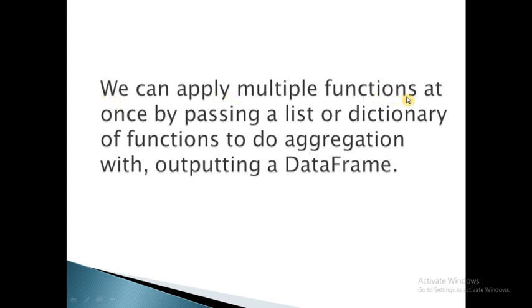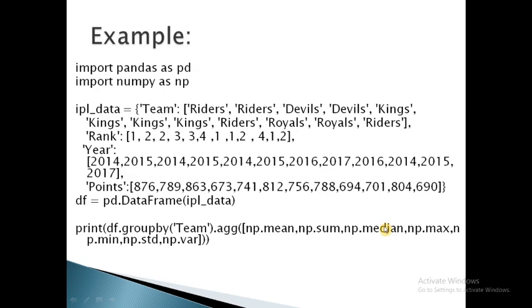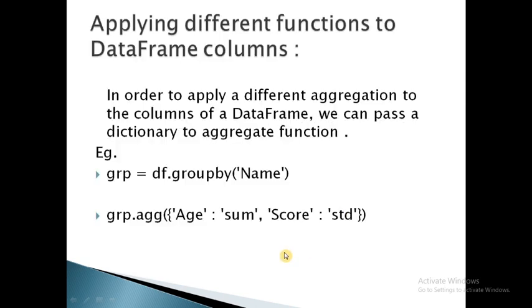We can also apply different aggregations to different columns of a data frame by passing a dictionary to the aggregate function, outputting a data frame. For example, df.groupby('Name') then .aggregate, passing a dictionary: for the age column we do sum, and for the score column we perform standard deviation.